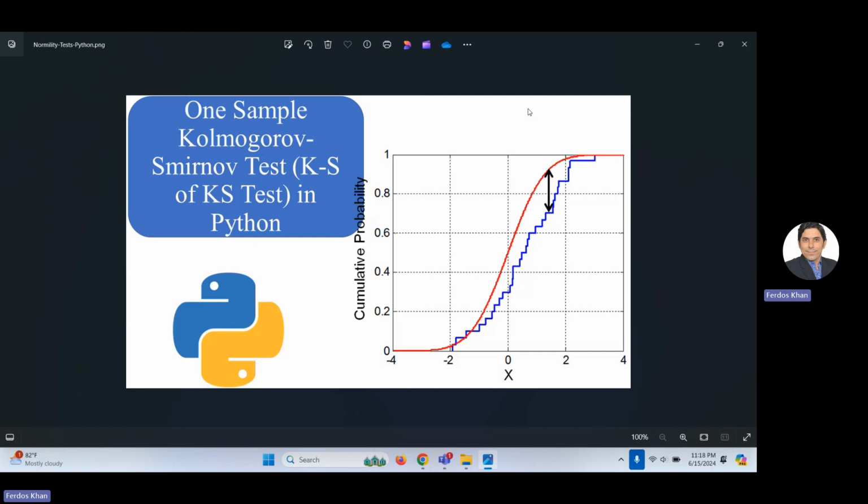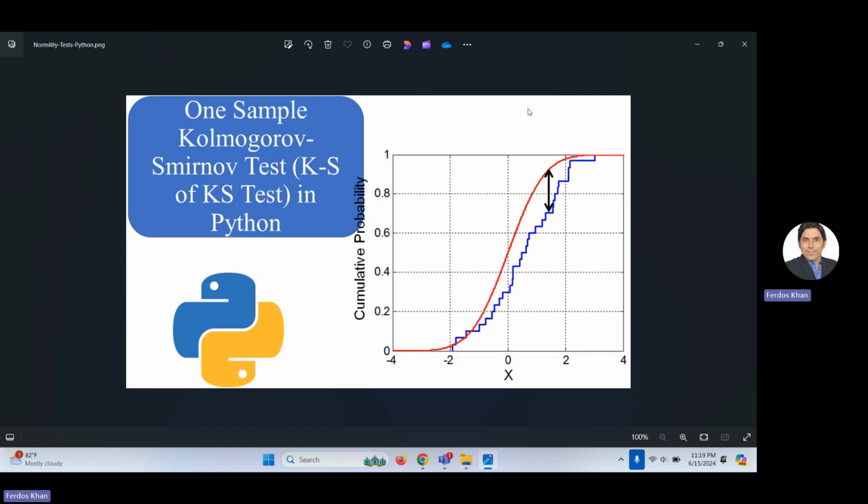For example, with a normal distribution, which has a specific kurtosis and skewness, if the kurtosis value is higher, the distribution is more peaked, and if it is lower, the distribution is flatter. So sometimes you cannot conclude exactly from those graphical results.